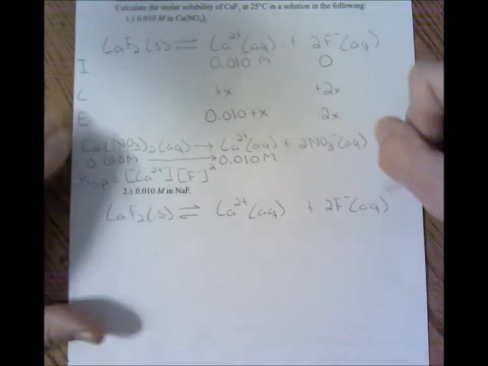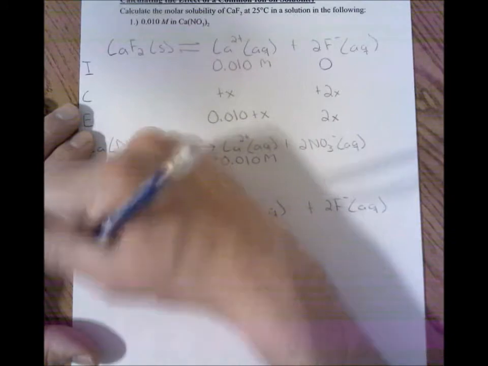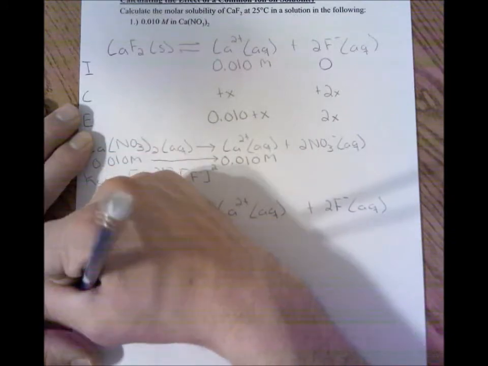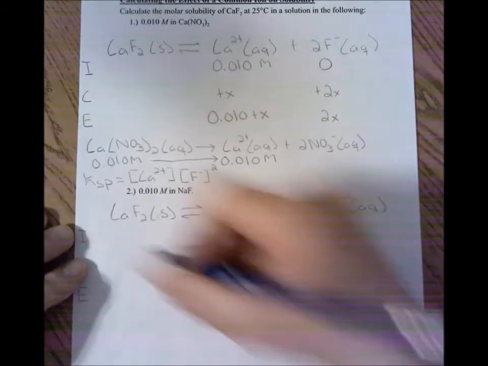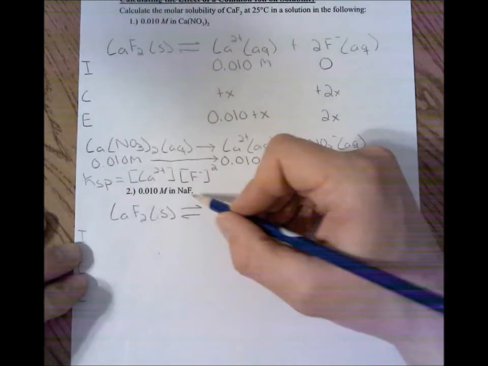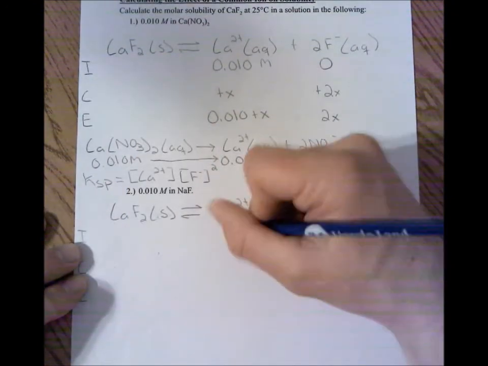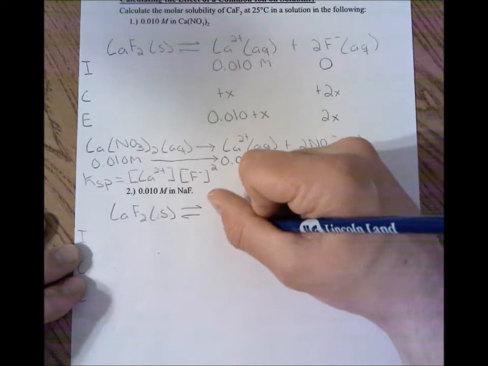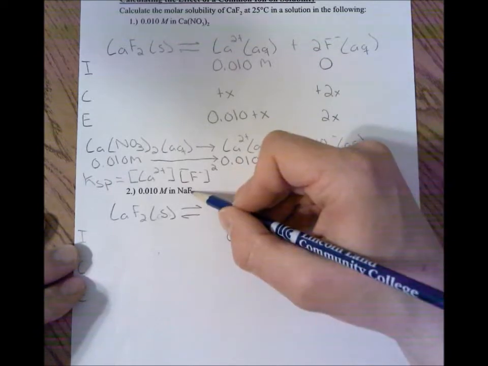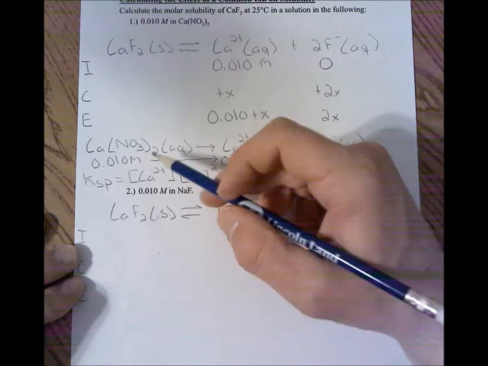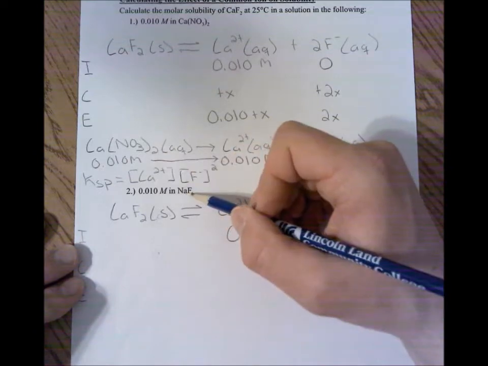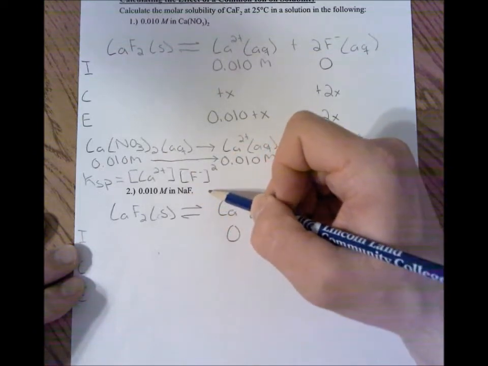Again, we set up our ICE chart. Our initial value for calcium this time is 0, since there was no calcium there. Now, what happens to our sodium fluoride? Very similar to what happened up here. It breaks down to sodium 1 plus and fluoride 1 minus.